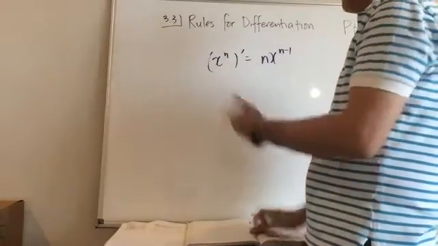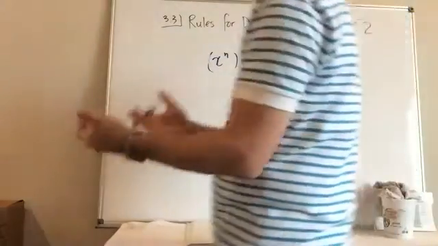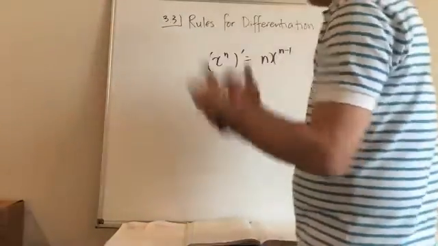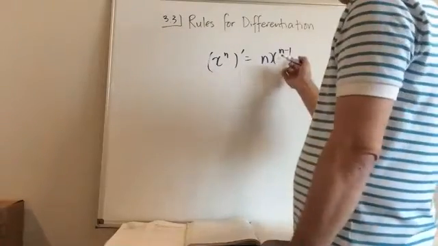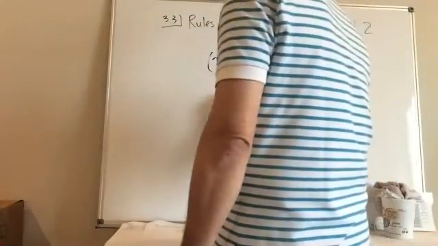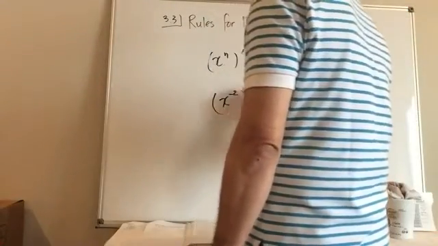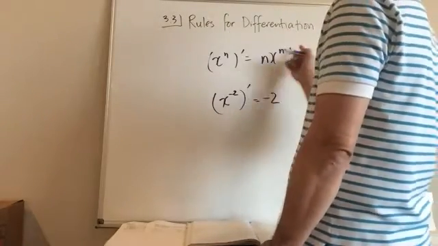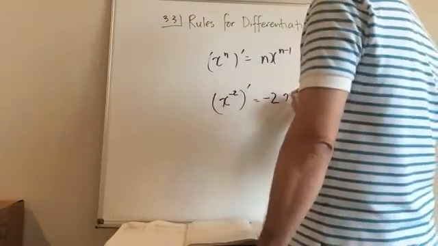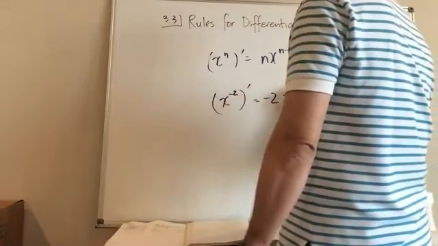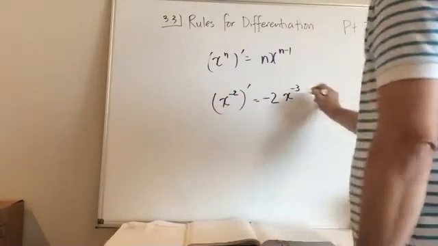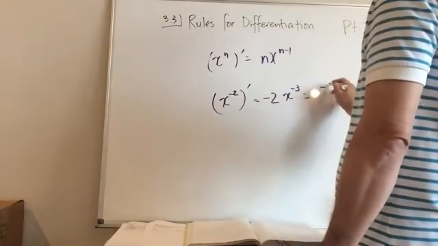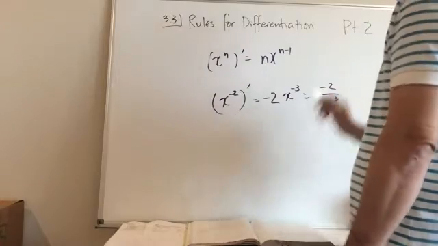We already talked about x cubed, x to the 5th, and those types of things, right? But if I want to take the derivative of x to the minus 2, it works the same way. The minus 2 comes down, then I subtract 1 from the exponent, so it's minus 3, which means that it is minus 2 x to the minus 3.